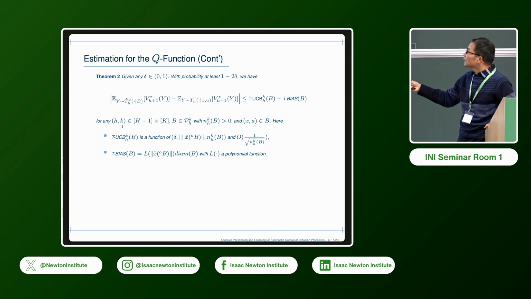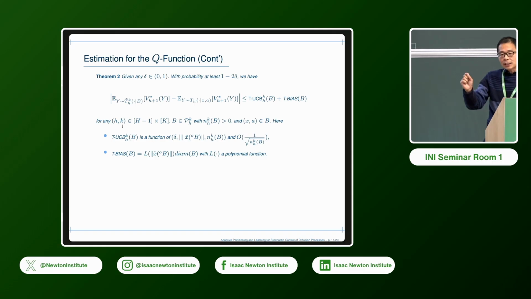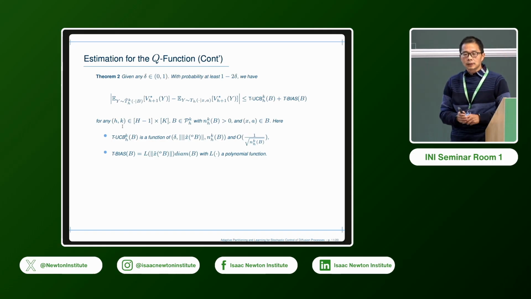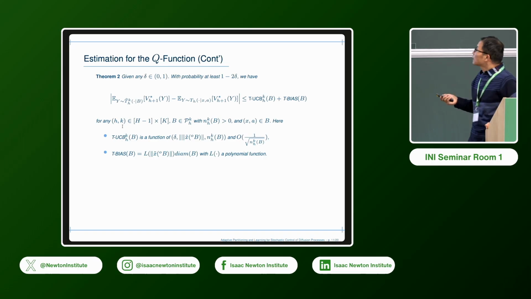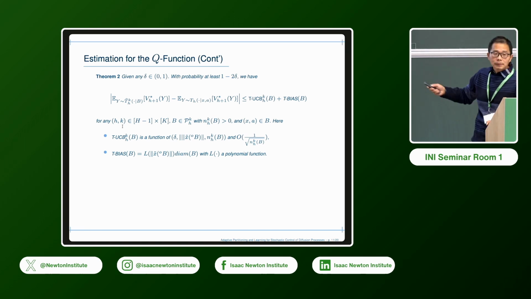So this x circle B is the center of the state in the current block B. So it's a function of the size, the position of the current state times the diameter of the current block.